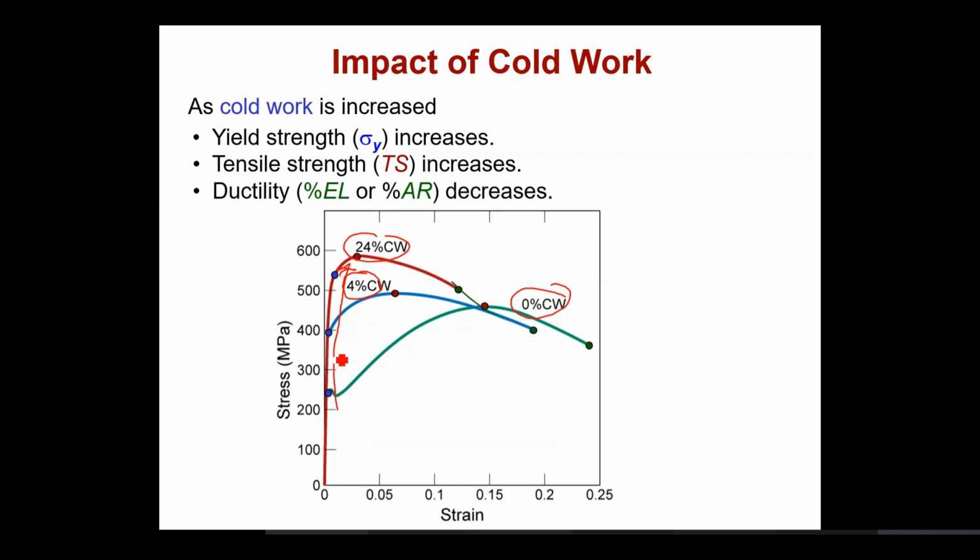But the ductility of the material is decreasing. So if you see from 0 to 4 to 24%, your ductility is essentially decreasing. And the reason being, as the dislocation motion becomes difficult, the material gets more brittle. So there would come a time that material would just fracture instead of plastically deforming.